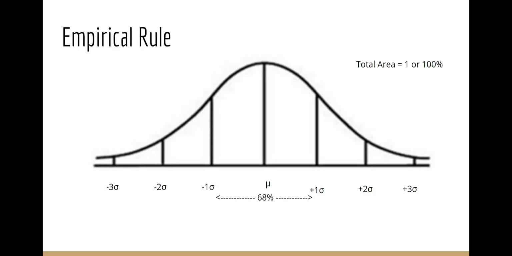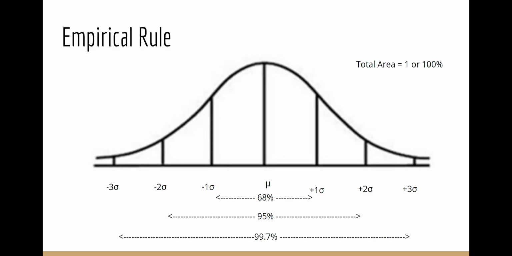So let's break this down a little bit. One standard deviation above and below the mean accounts for 68% of the entire area underneath the bell-shaped curve. Two standard deviations above and below the mean account for 95% of the total area under the bell-shaped curve. So almost the entire area underneath our bell-shaped curve is 2 standard deviations away from the mean.